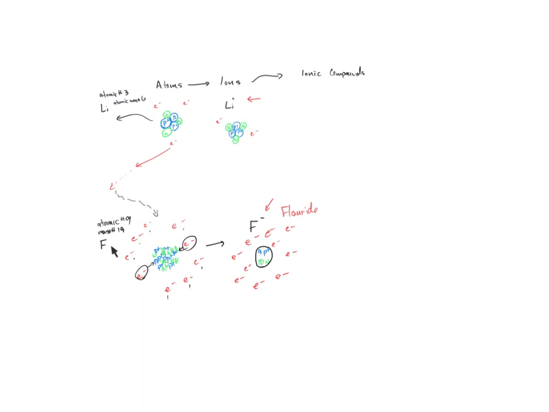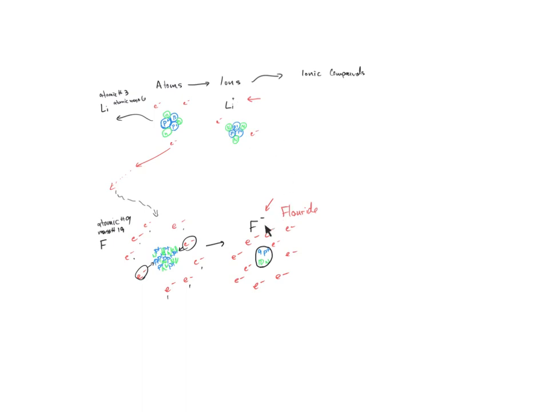We have fluorine that moves to fluoride and now has a negative charge because it has gained an electron. And now the outermost shell has 1, 2, 3, 4, 5, 6, 7, 8 electrons. Everyone's happy.